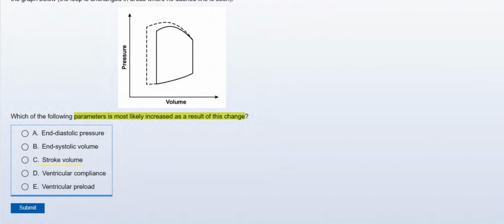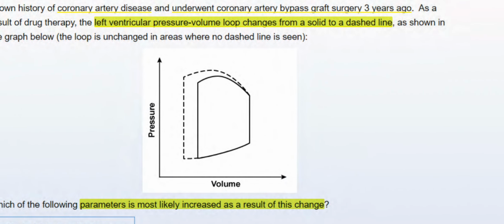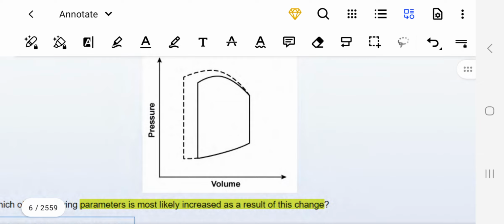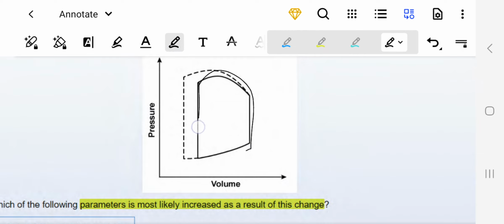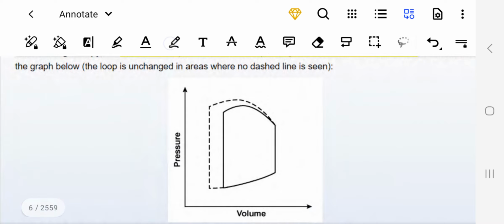Okay, so they're saying that before the drug it was the black one, right? This one. But when they give the drug, then it came over here, right? So we will go to the explanation, right?